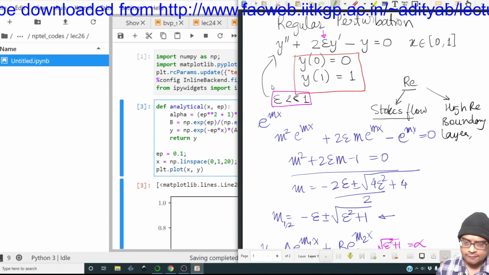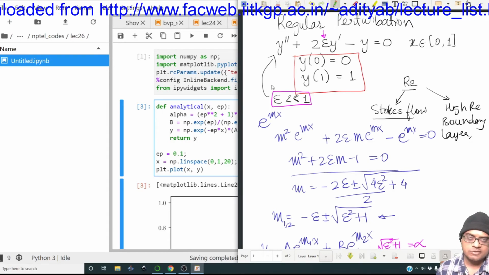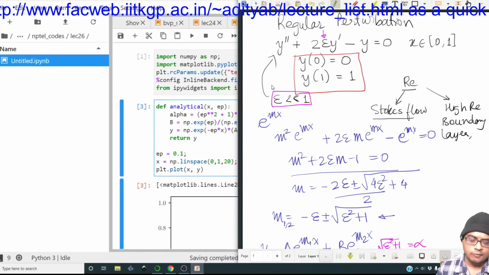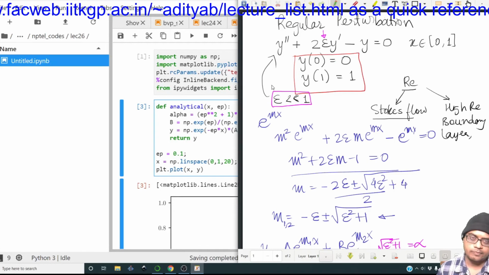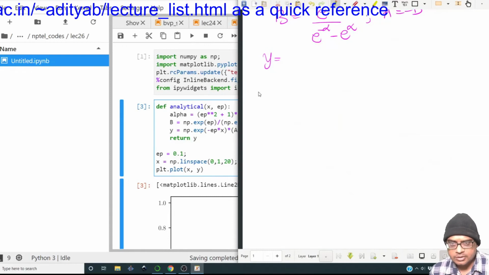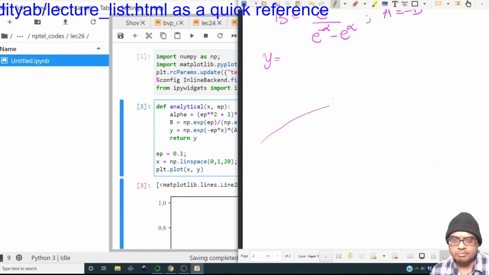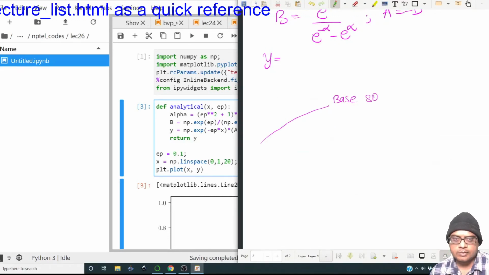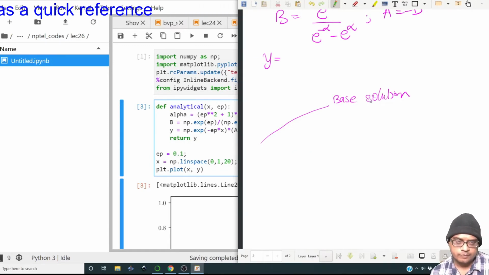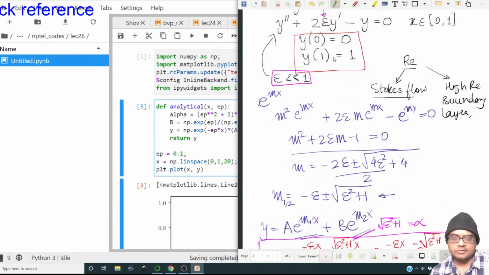Okay, and it will be clear why it behaves like a perturbation on top of some base solution once we do the expansion. But for now we need to remember that you will have some kind of a base solution, and if that perturbation parameter epsilon were to be zero, you would obtain y double prime minus y equal to zero.